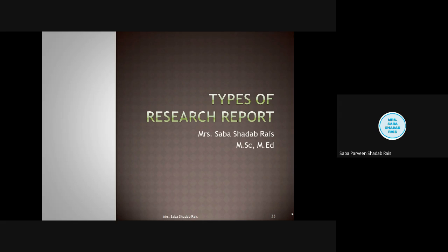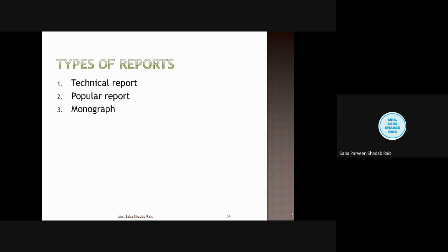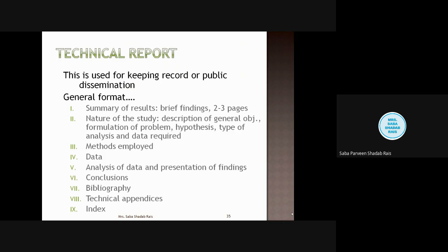The report can be a technical report, it could be a popular report, or it could be a simple monograph. So we had already discussed one type, that is the technical report, in the earlier section. Now see, we have written that a technical report is the elaborated work of a researcher in which the researcher gives a detailed analysis of the work.